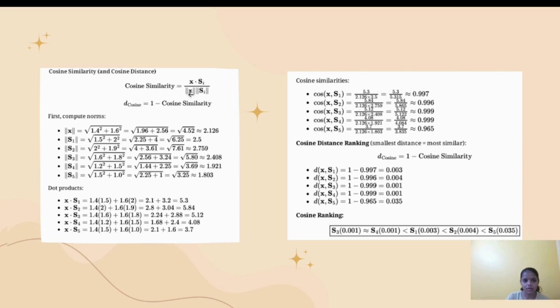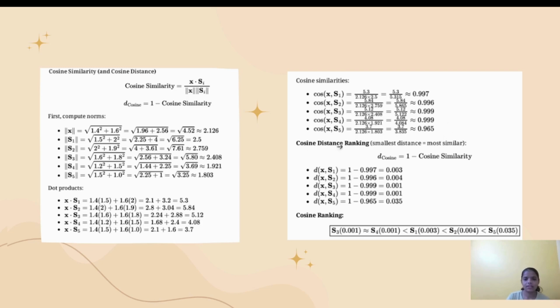Now the magnitude value of x is 2.126. We substituted here, and the magnitude value of si, meaning S1, is 2.5. We divide by the product, so our value is 0.997 cosine similarity for S1. Similarly, we will calculate the cosine similarity for the other students.